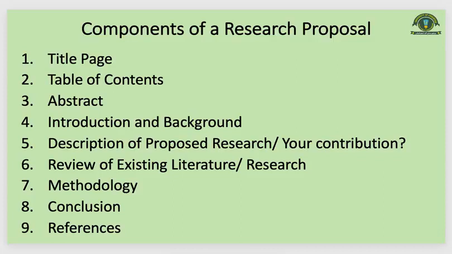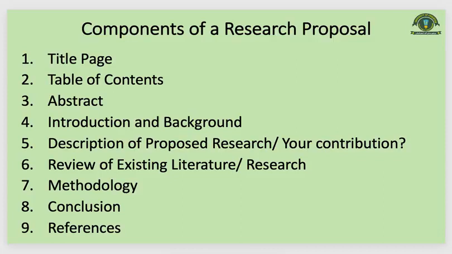You can add into it and you can take something out. These things depend on the discipline you're dealing with or the kind of research you're doing. But these are some general components that you will find more or less in all kinds of researches.